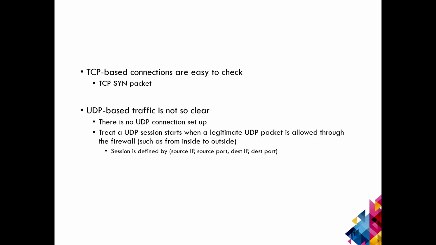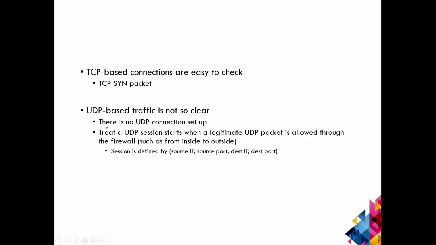Okay, TCP-based connections are easy to check, and UDP-based traffic is not so clear. So what is the difference between these two? When you learn data communication concepts, or DCC, we have these types of packets. We call them the TCP and UDP protocols. Most of the TCP is the header, the information carried in the packet.